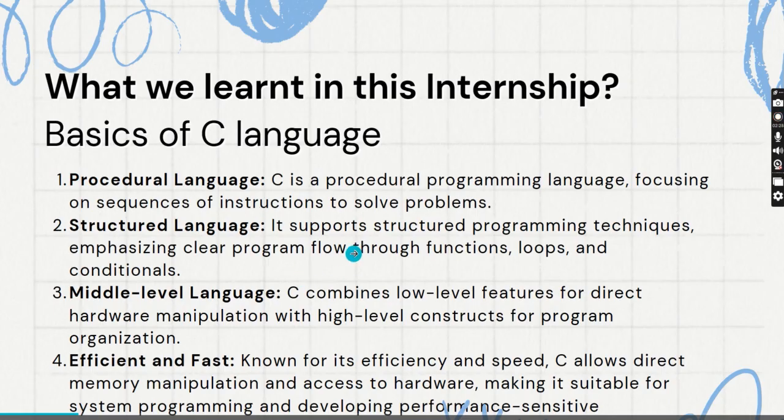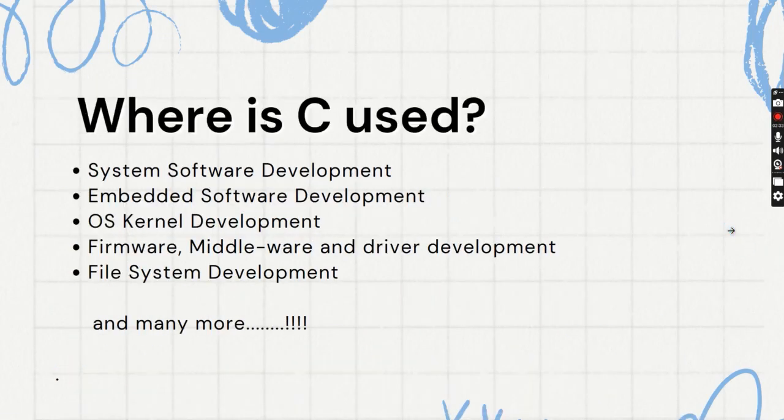So basically, we use C programming because it is efficient in embedded systems, and it is also fast. Where is C used? In our internship, in embedded systems we use C and C++ basically.